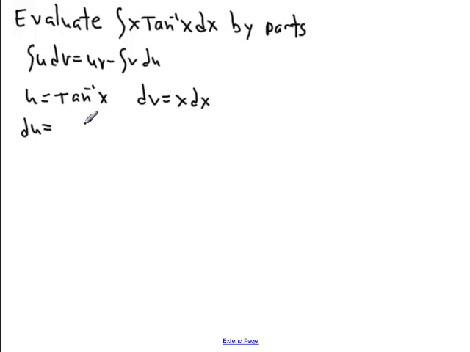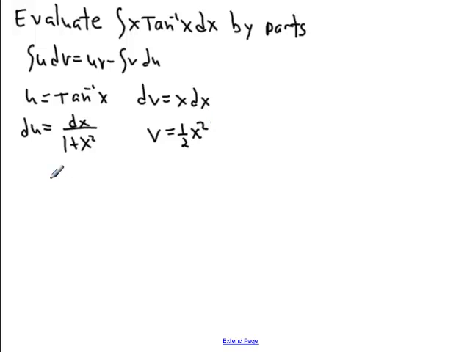Then du is 1 over 1 plus x squared from our derivative formula of inverse tan, multiplied by dx. V is equal to a half x squared.